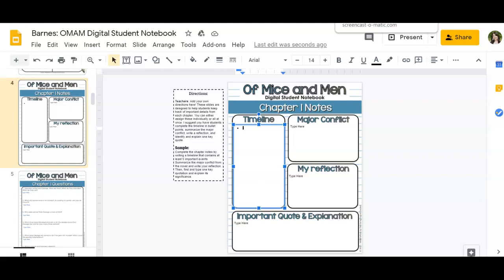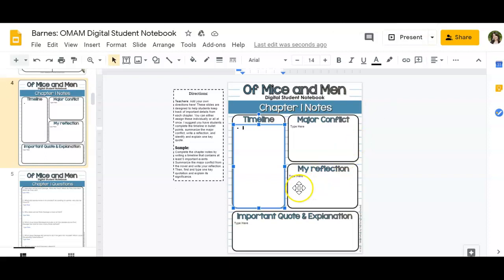That being said, there is still going to be at least some sort of conflict in every chapter, whether it's man versus man, man versus self, etc. So I want you to just think back on the chapter and give me any type of conflict that you noticed while reading. Again, it can be quite small and insignificant, but as long as it is some kind of conflict, that's fair game. So you can put that there under conflict.